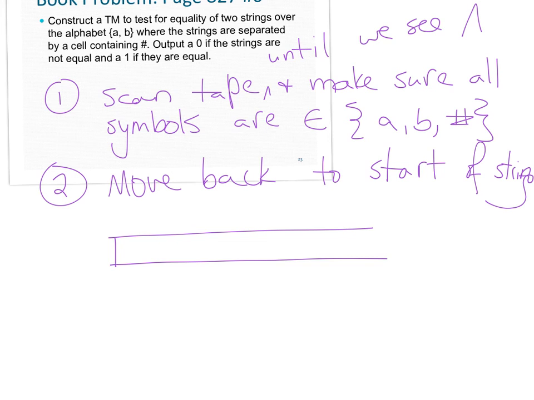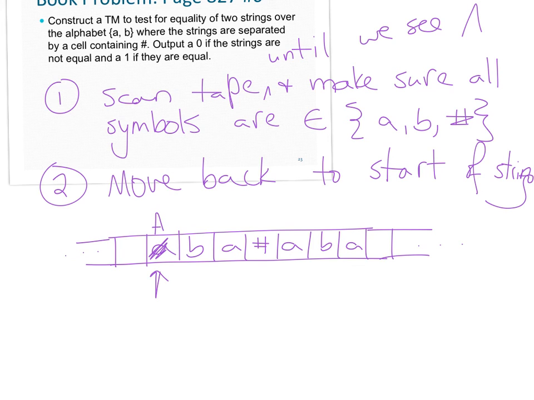So if here's my tape, infinitely long, and I have a string like A, B, A, pound, A, B, A, then I'll start here at the left, and maybe I'll check if that's an A. I'll change it to a capital A, right? And then I will move to the right, skipping any lowercase letters until I see the pound sign.